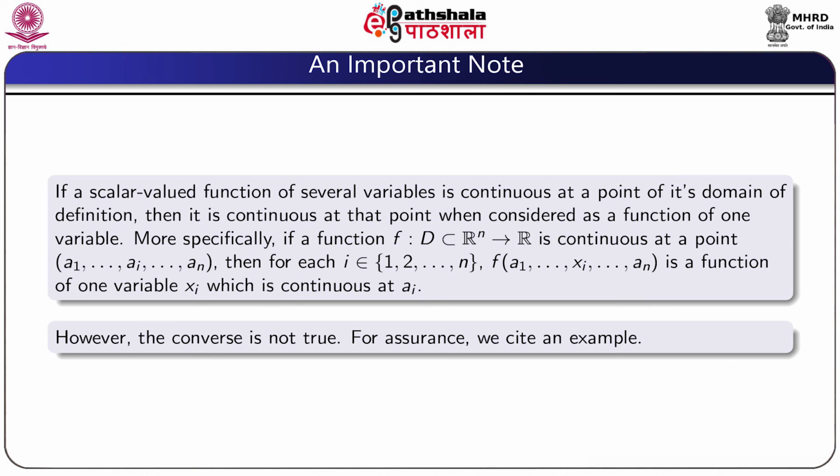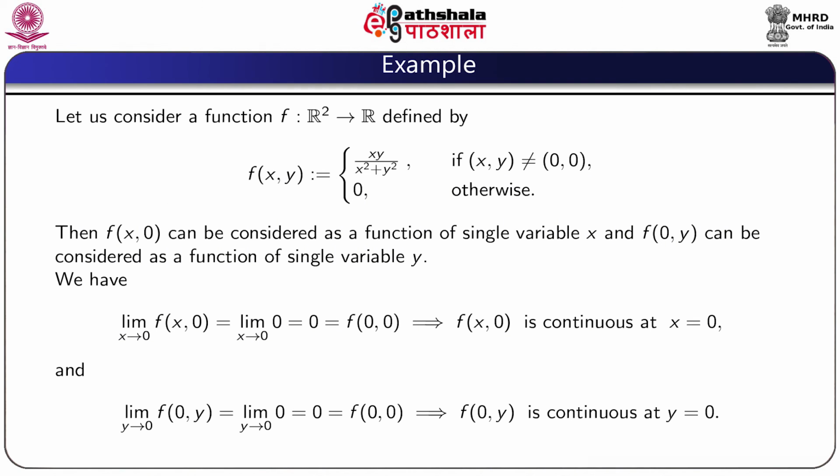However, the converse of this result is not true. For assurance, we cite an example. Let us consider a function f defined over R^2 as follows. f(x,y) is xy by x squared plus y squared if (x,y) is different from origin, otherwise it is 0.